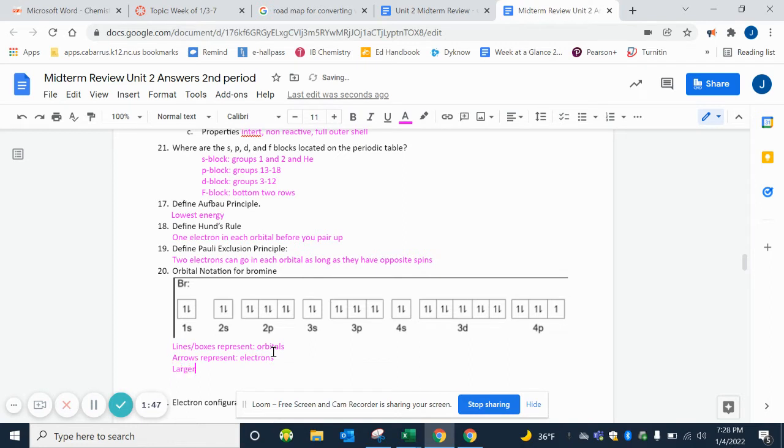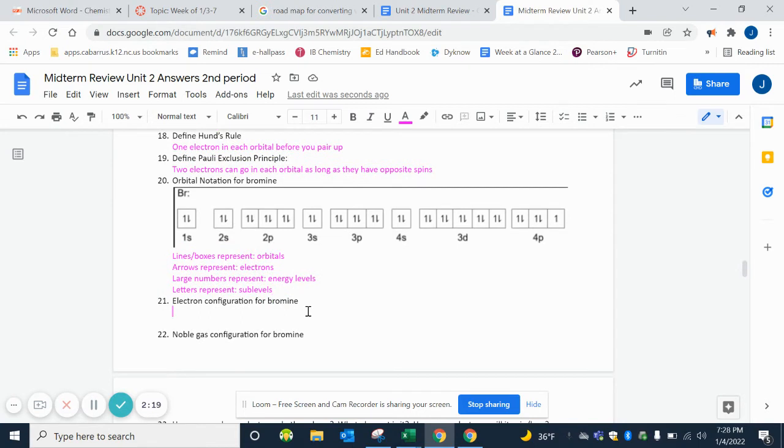The large numbers represent the energy levels, and then the letters represent the sublevels. So it doesn't matter if it's 1s, 2s, 3s, or 4s. There's always one orbital for the S. 2p, 3p, or 4p, it's always 3 orbitals for the P. D is always 5 orbitals.